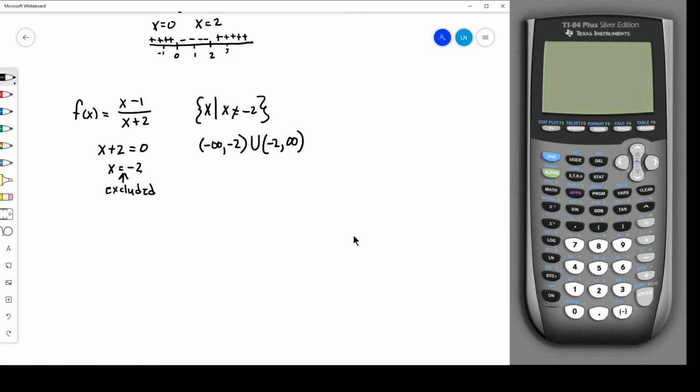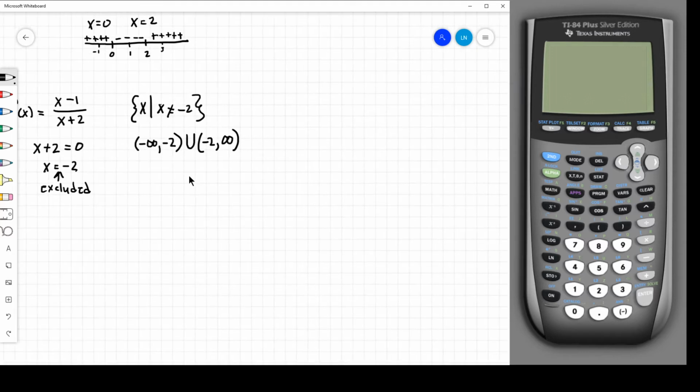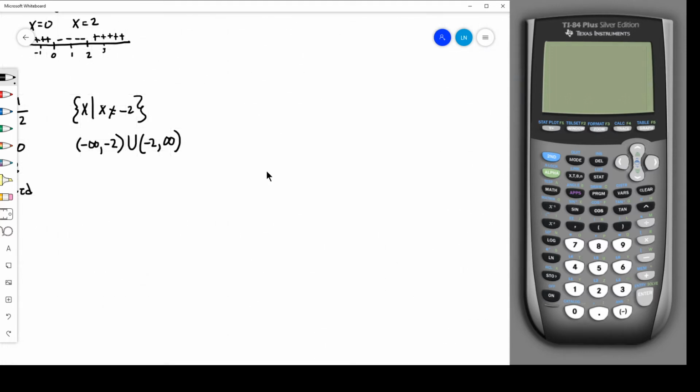Now keep in mind, not every rational function is going to have a restriction. Here, let's go this way this time. If I take a function, let's call it g of x this time, and suppose it was x minus 1 over x squared plus 2.